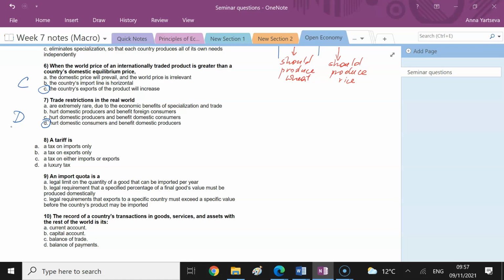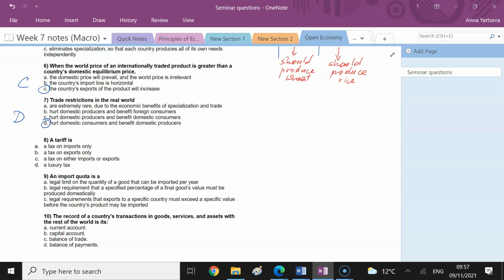We've protected the domestic manufacturer, however, at the expense of domestic consumers who now will need to pay more. Right? But it benefits domestic producers because they're protected. Consumers will be forced to buy their products. They have less competition, and as a result, they can reduce quality, they can increase prices, and so on. So with trade restrictions, total welfare will decline. They will hurt domestic consumers.